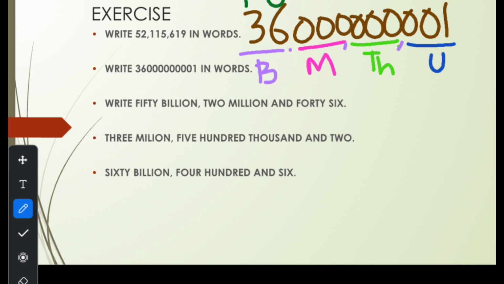Similarly, in thousands, all the numbers are 0, so we don't need to mention them. And finally, the last digit is 1. So we would read them as 36 billion and 1. This is how the number is read. I hope this explanation is enough and you would be able to solve the next 3 parts.